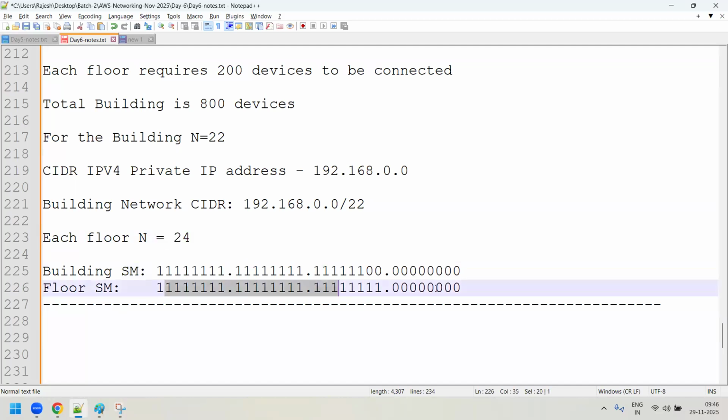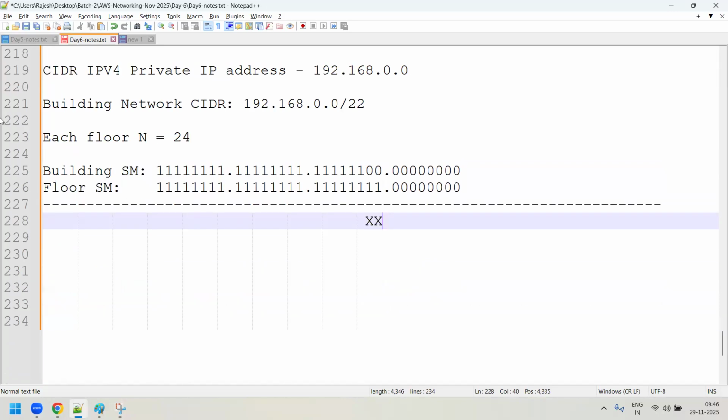With that, I arrived at the subnet mask. When I compare both, the first, second and fourth octets have no issue. Only in the third octet, only these two bits have changed. So let me consider them as XX. Because there are two bits of zeros and ones, what is 2 to the power of 2?